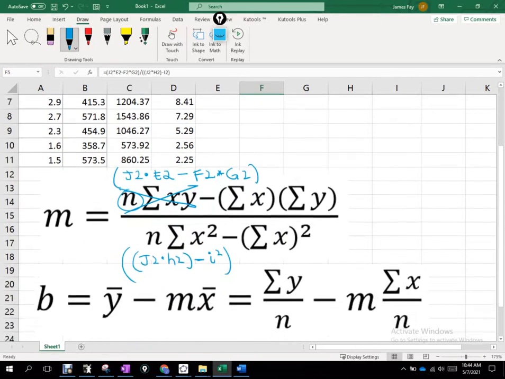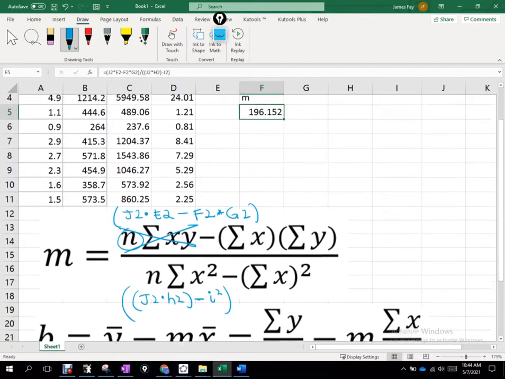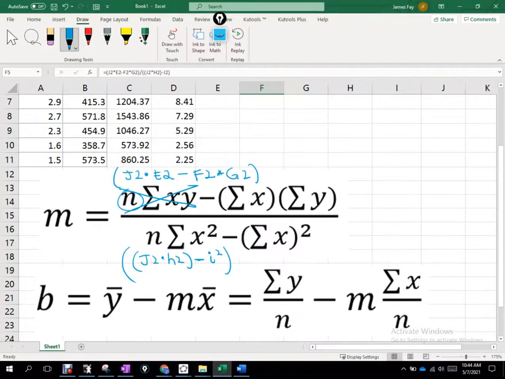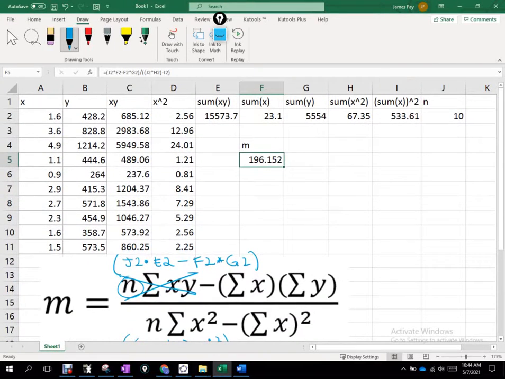Now what we want to do is find B. B is going to be the sum of y divided by n, minus m times the sum of x divided by n. So remember, we already got the sum of y. That's G2.